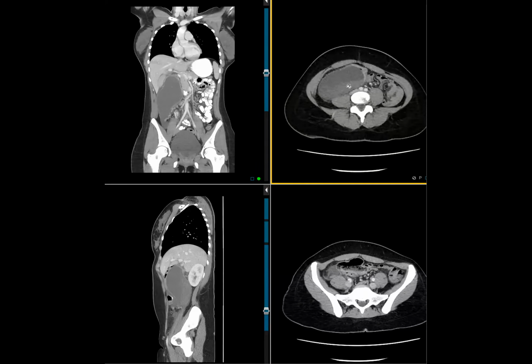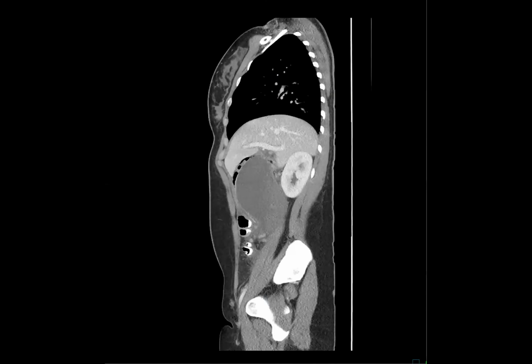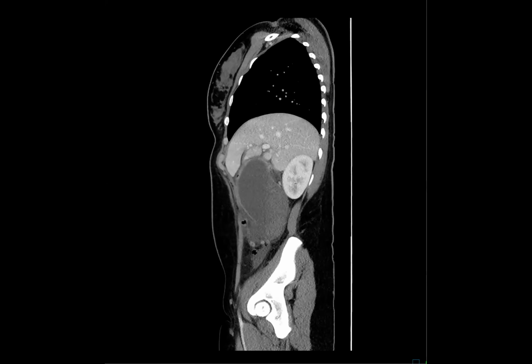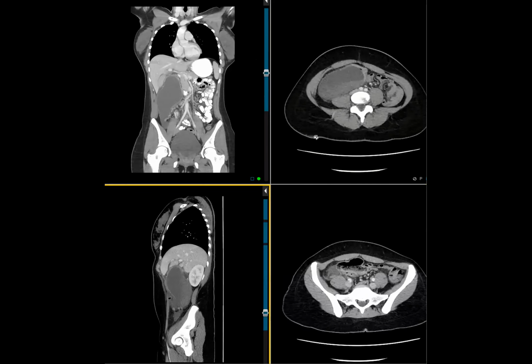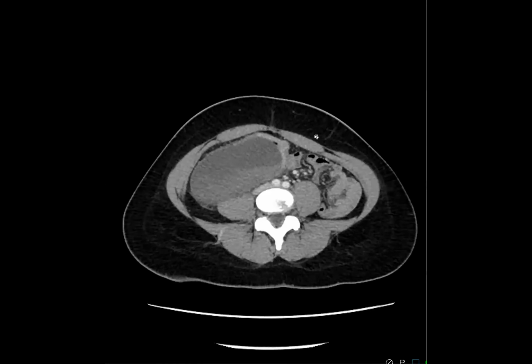Even on this image, there is some debris on the dependent aspect on axial as well as sagittal, and a little bit of fluid and stranding in the paracolic gutter area. So they resected it and found it to be a simple benign duplication cyst from the ascending colon.